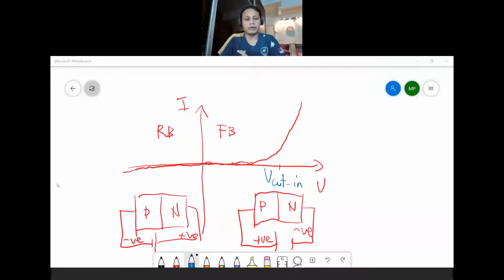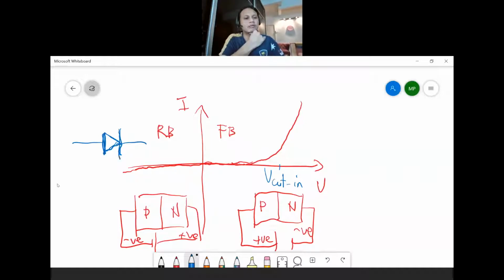We also learned that there is a small current flowing in the reverse bias. Well, it's not supposed to flow because we have learned that a diode is a rectifier. So if you draw a diode symbol like this, which side is the P side, which side is the N side?